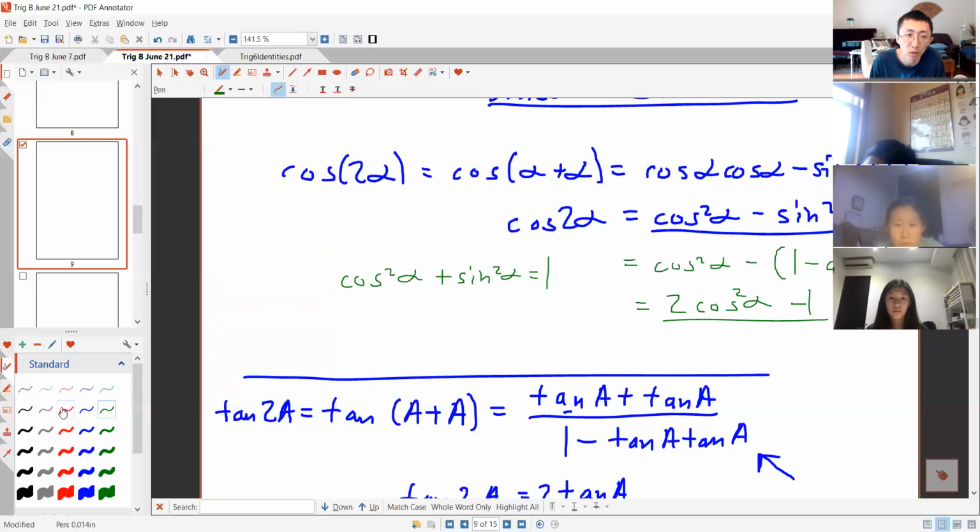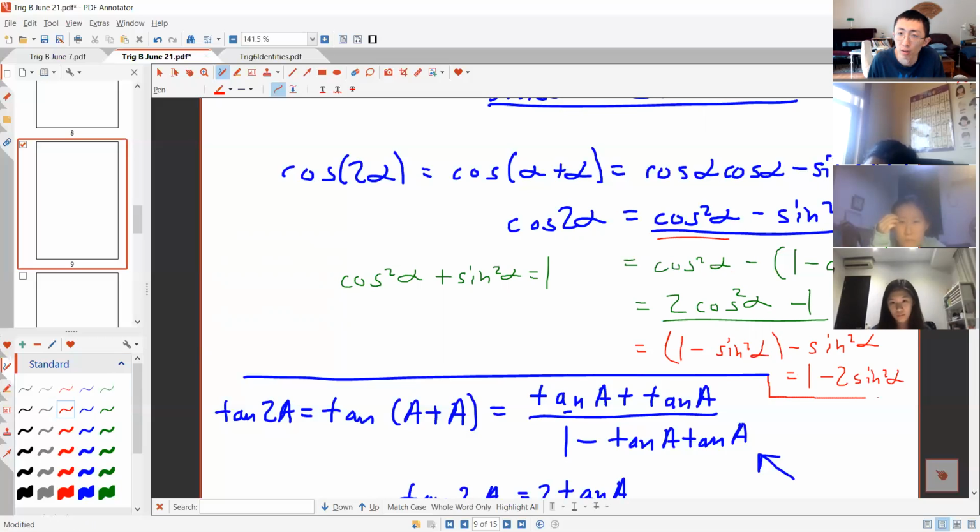And then if we know only the sine, we could rewrite this using cosine squared is 1 minus sine squared alpha. So we could also write it as 1 minus 2 sine squared alpha. So there's 3 forms of the cosine double angle formula. I wouldn't really recommend trying to memorize all 3 at the very start.